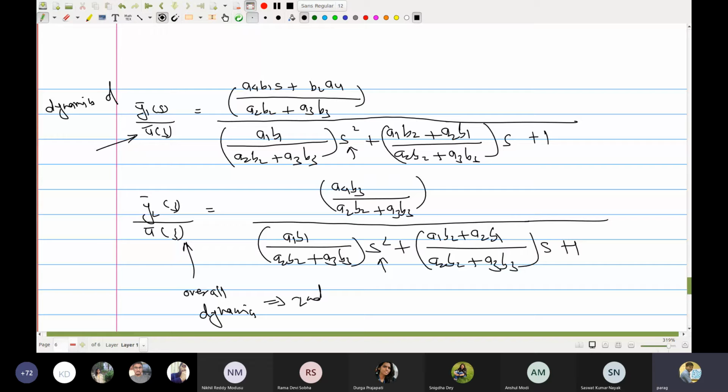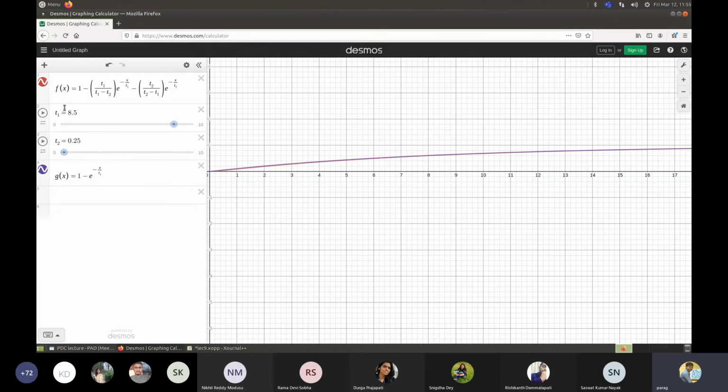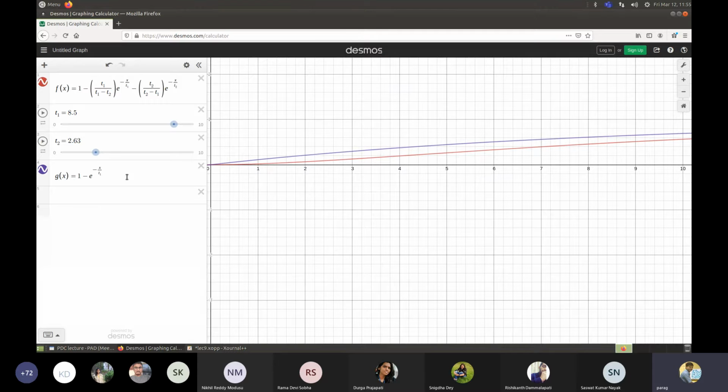See, what did we do in the previous case? The overall dynamics is second order, but the dynamics of the first tank was first order, right?